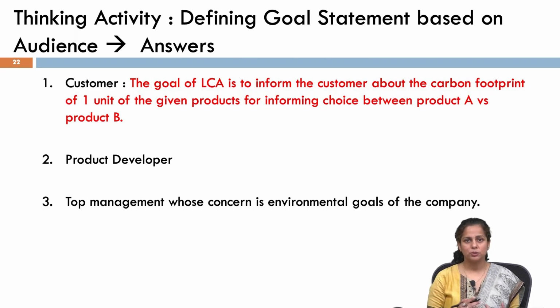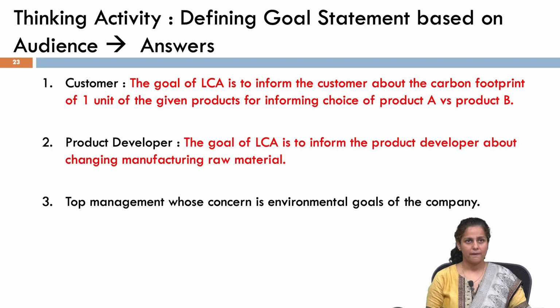So, you could have two different materials used for making the paper cup, and your goal of LCA would be to inform the customer about the carbon footprint of one unit of paper cup from each of those. So, that will help the customers to make a choice between whether they want to use product A, which is made of one material, or product B, which is made from another material.